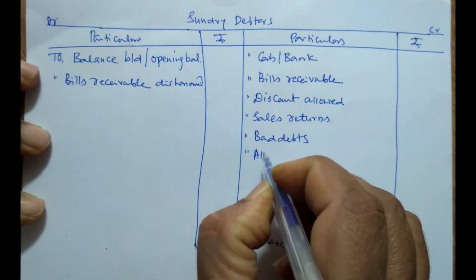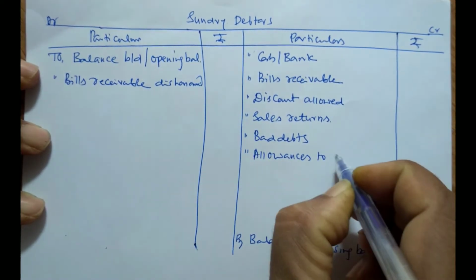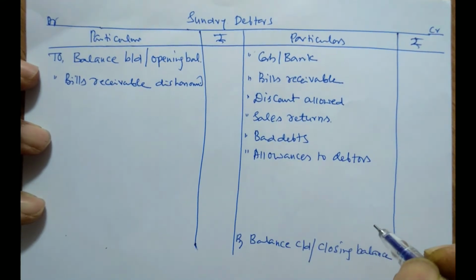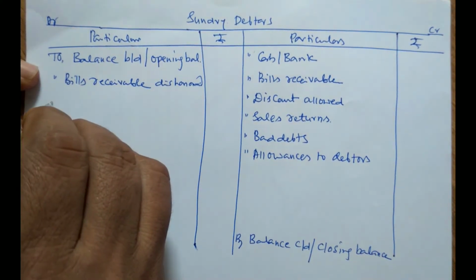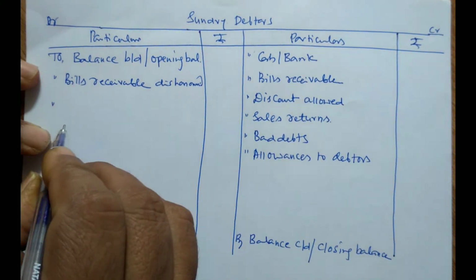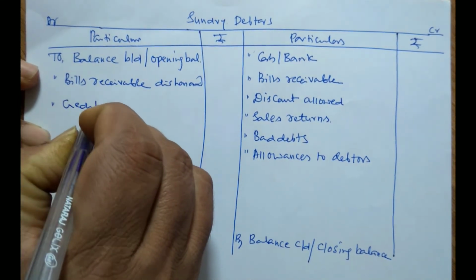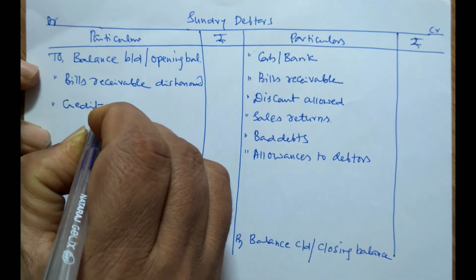And there may be allowances to debtors. If given, that must be taken on the credit side of the account. And if there are any credit sales, that must be taken on the debit side of the debtors account.